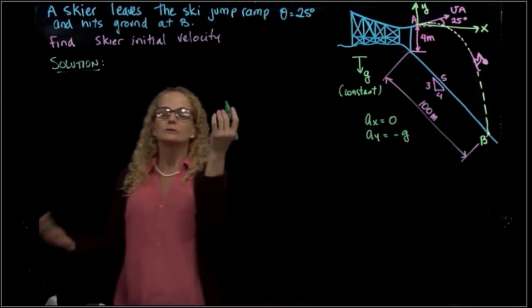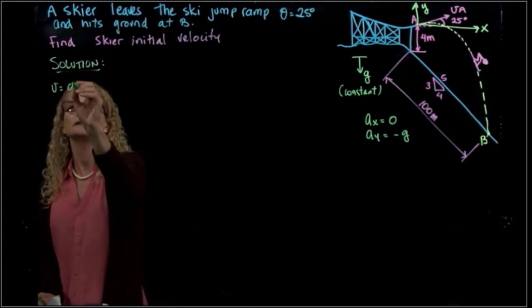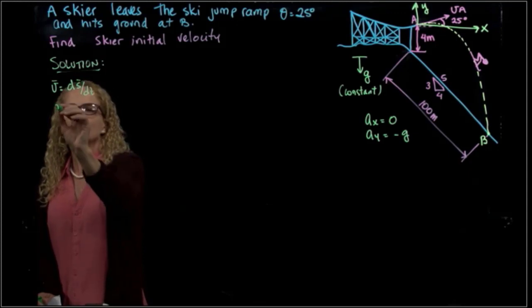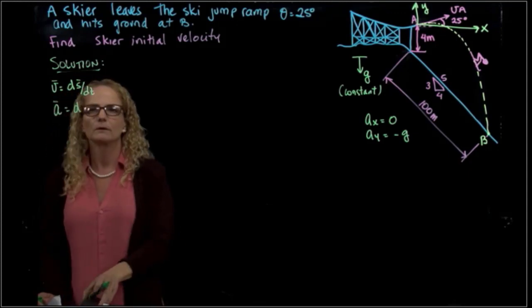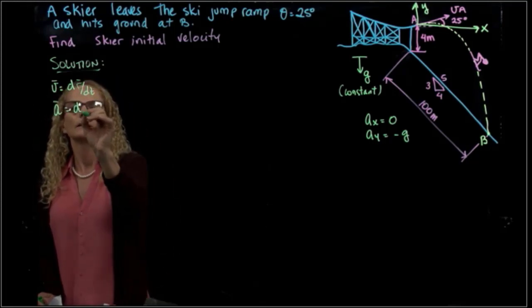So if we start with always our equations, we know that velocity is the derivative of the position, and that the acceleration is the derivative of the velocity.